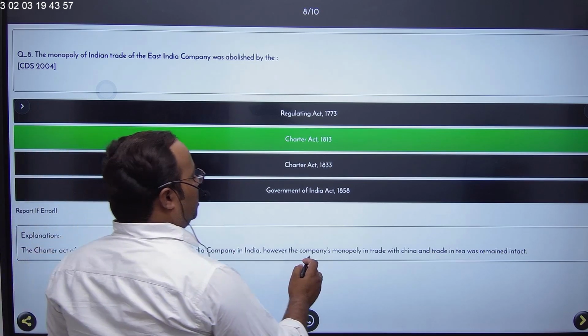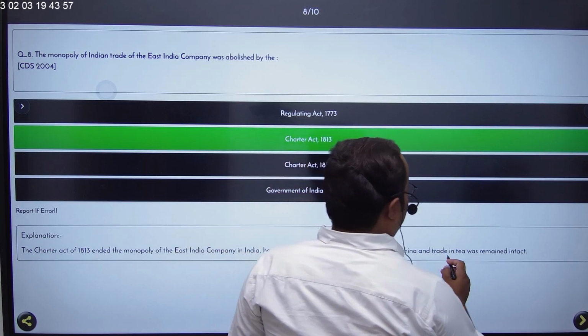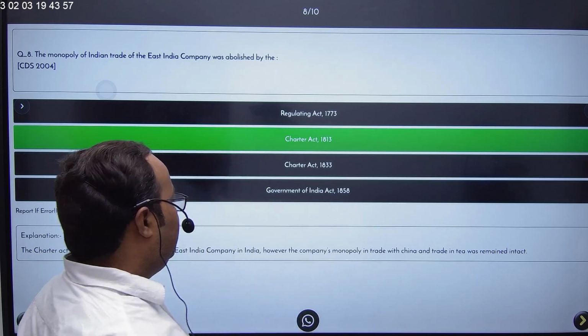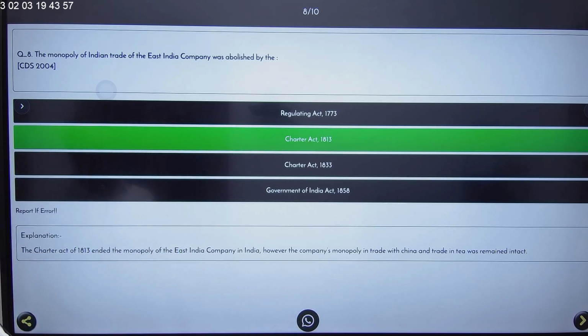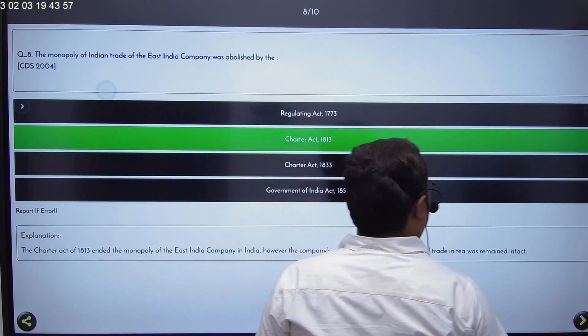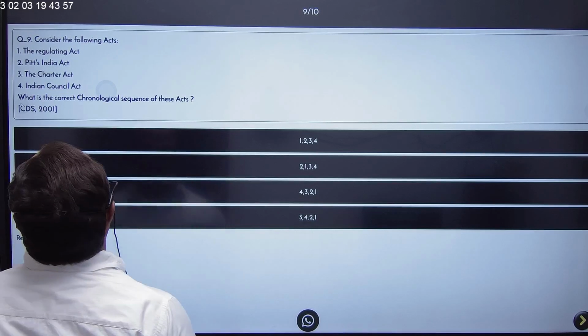However, the company's monopoly in trade with China and the trade in tea remained intact. Remain intact means it was continued after the end of the monopoly. Even it was continued.